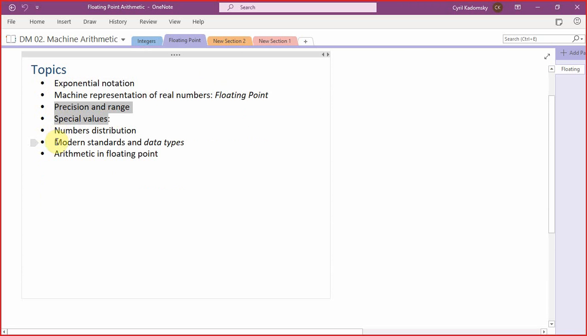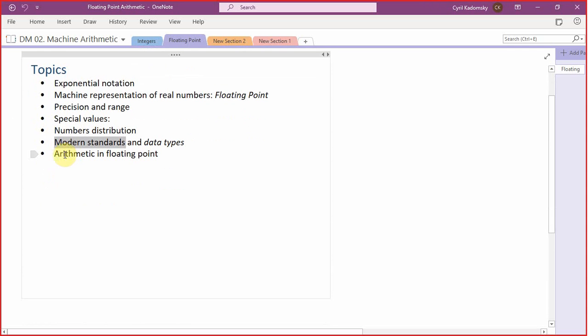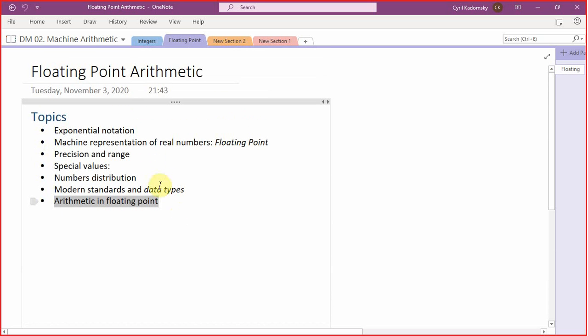And we'll discuss the modern standards that are used in programming concerning floating point arithmetics. And finally, how operations are actually done on these numbers. This will cover the rest of task 2 of your home tasks.